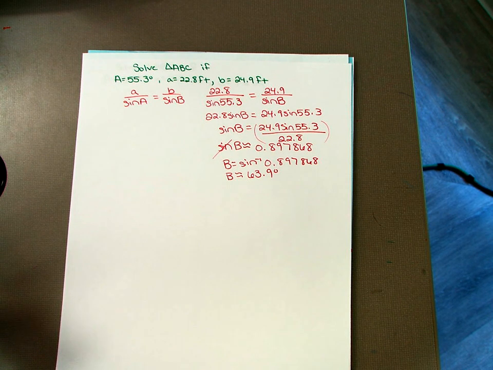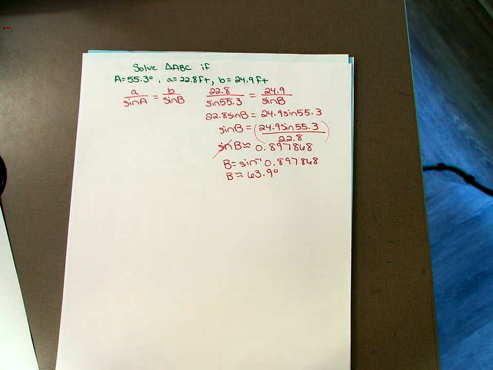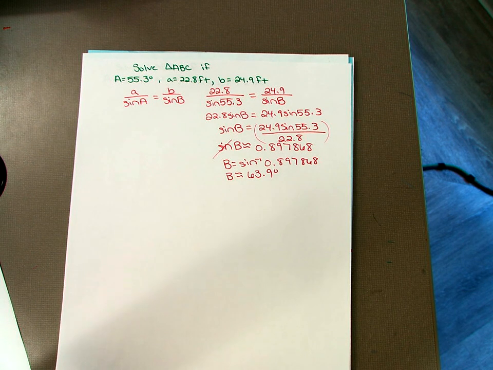Now, either referencing our sheet or just thinking for a moment, think about the unit circle. Where is sine positive? Remember, sines are our y values. So in which quadrants are our y values positive? Quadrants 1 and 2.